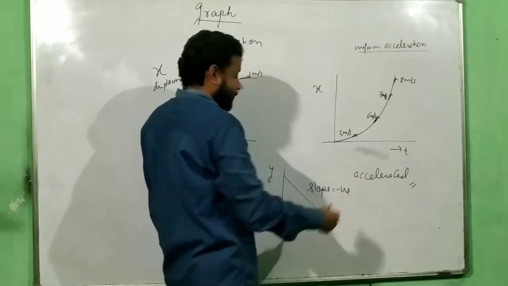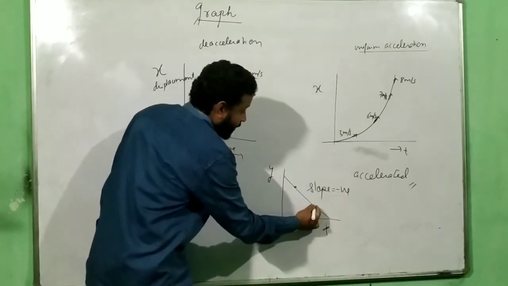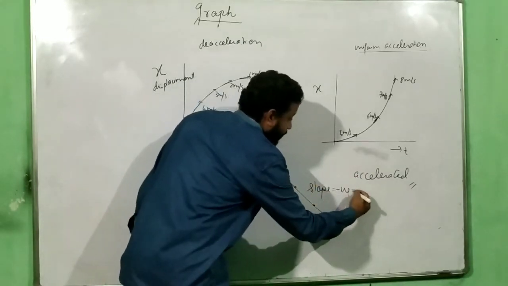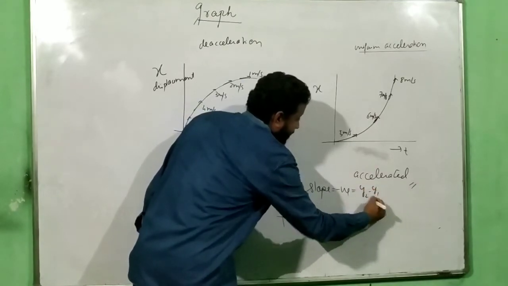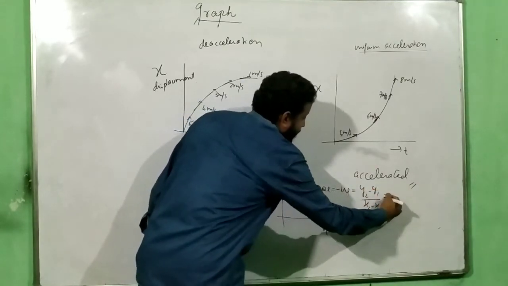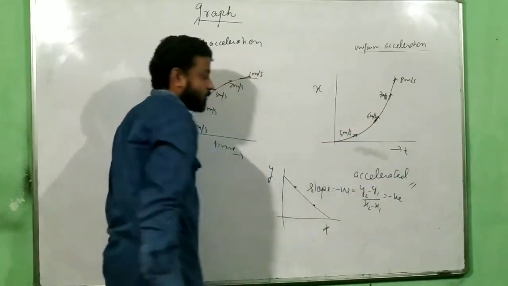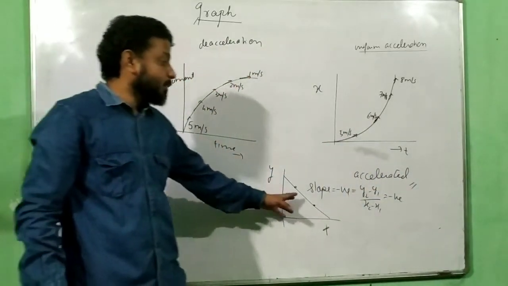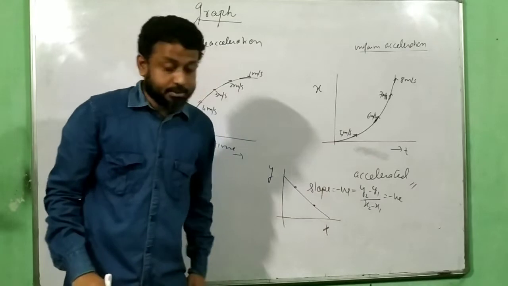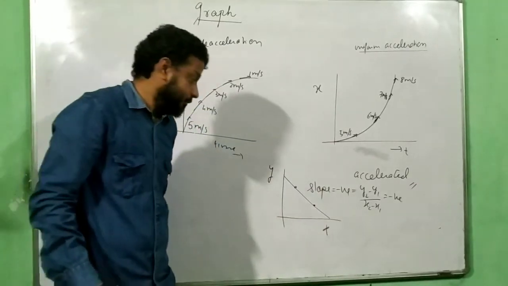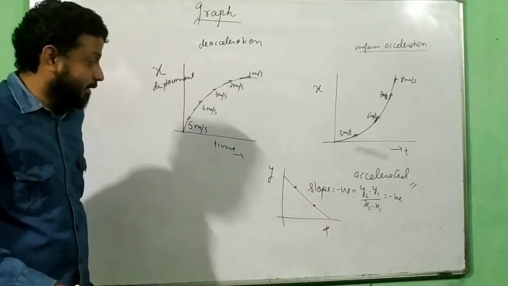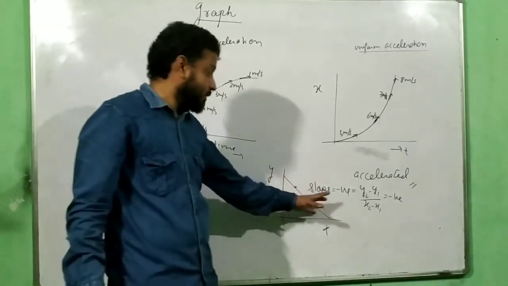This has a negative slope. That means when you take 2 points over here, and use the formula y2 minus y1 divided by x2 minus x1, you are going to get a negative value. This slope is negative. First make sure you know this. You can refer to your class 10 mathematics book and you can see that this slope is negative.